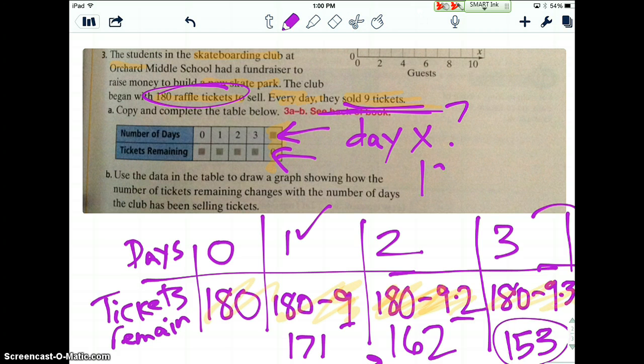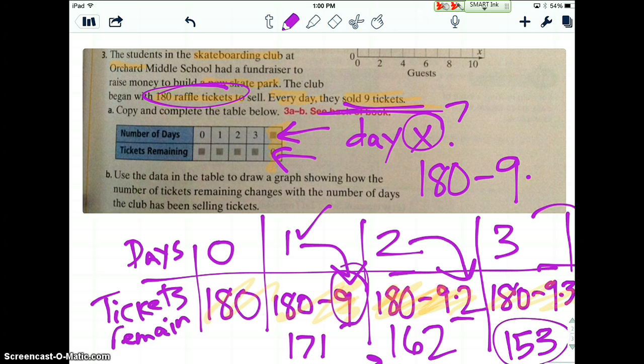Well, I'd have to take the 180 that they started with and subtract off how much? Well, a certain number of 9s. How many 9s? Well, after 1 day we subtracted 1 9. After 2 days we subtracted 2 9s. After 3 days we subtracted 3 9s. So on x day we're going to subtract x of those 9s.